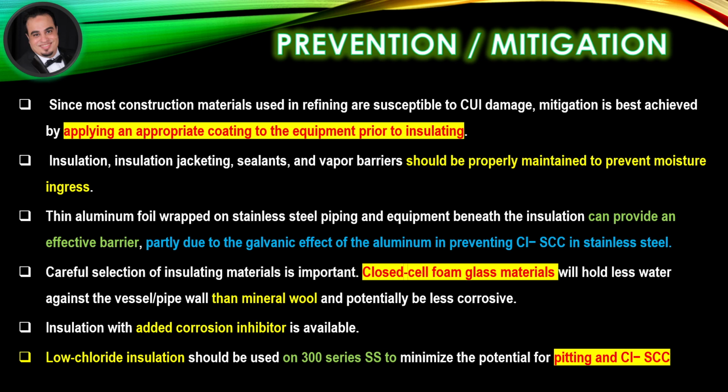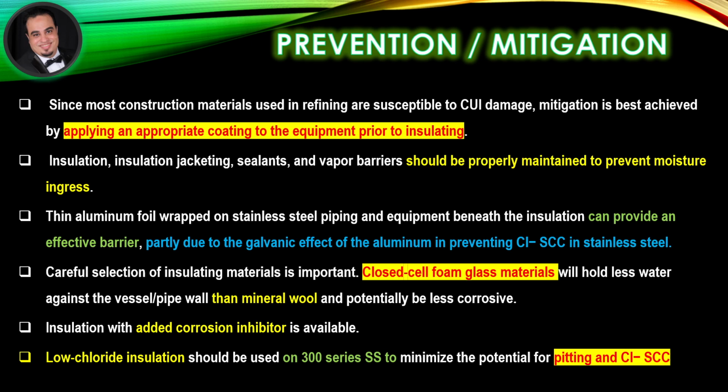Insulation, insulation jacketing, sealants, and vapor barriers should be properly maintained to prevent moisture ingress. Thin aluminum foil wrapped on stainless steel piping and equipment beneath the insulation can provide an effective barrier.